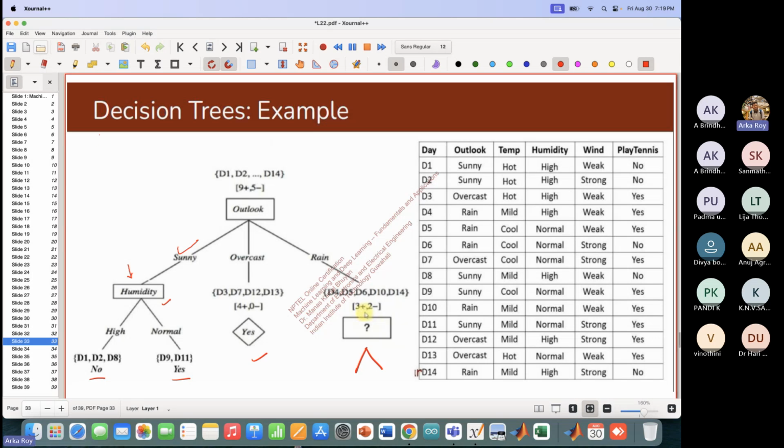By and large, the information gain tells you which of the input attributes to consider for classification. So you have to start with the root node. In the root node, you have 4 possibilities: outlook, temperature, humidity, and wind. And which one to choose, that is what the information gain will tell you.